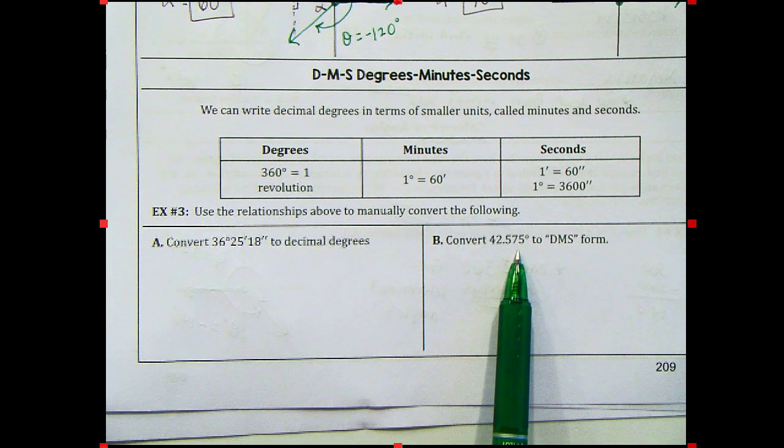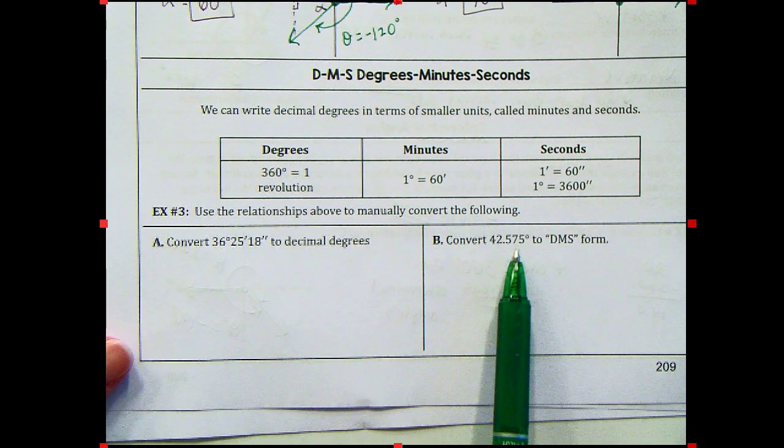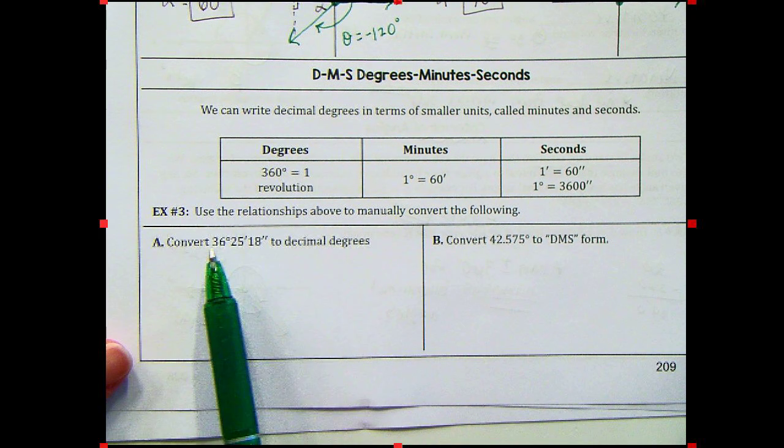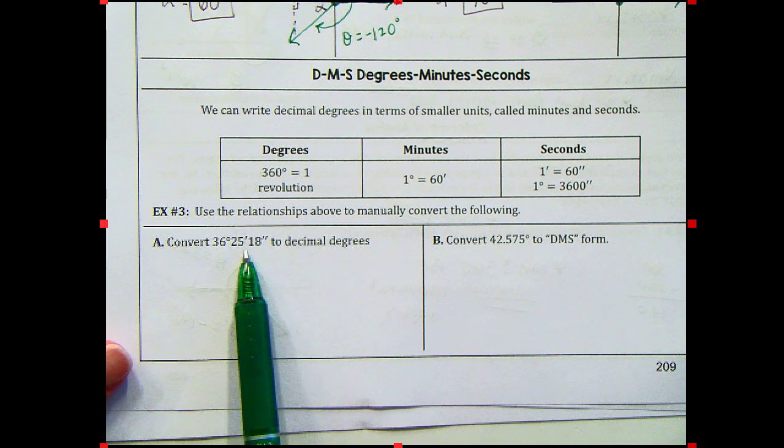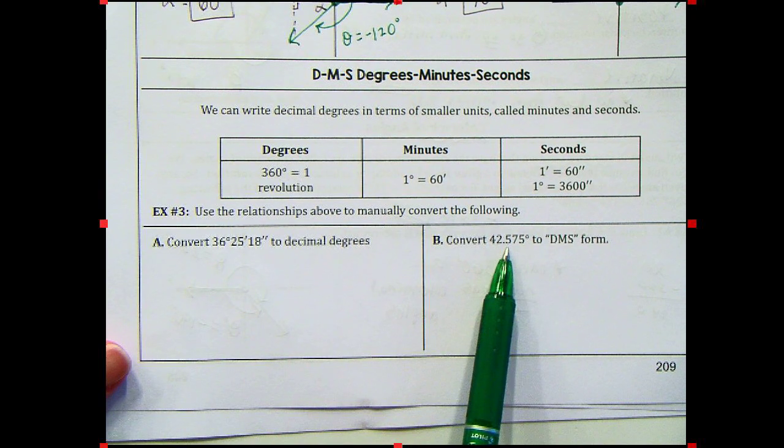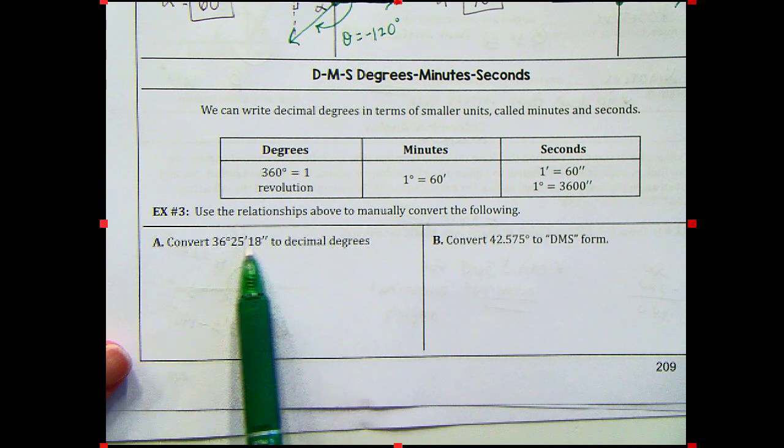So for maps and navigation, instead of using decimal degrees, they use degrees, minutes, seconds. This is just a more accurate representation of decimal degrees, so they don't have to round as much.